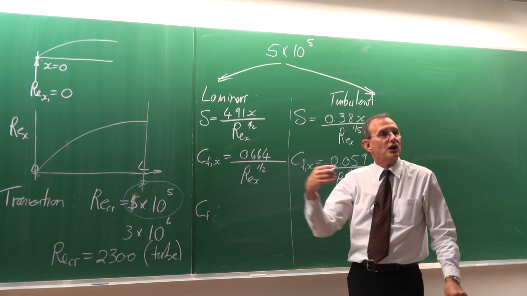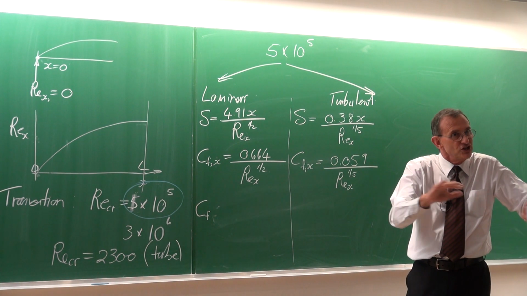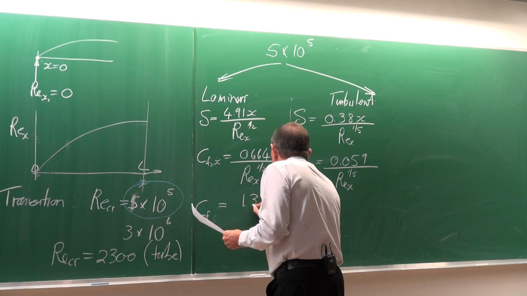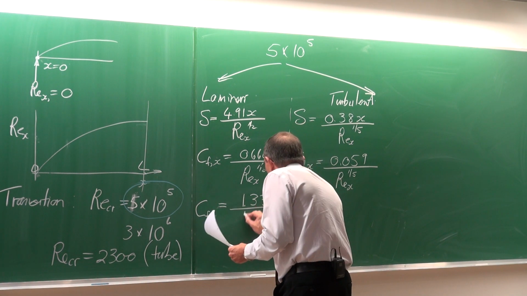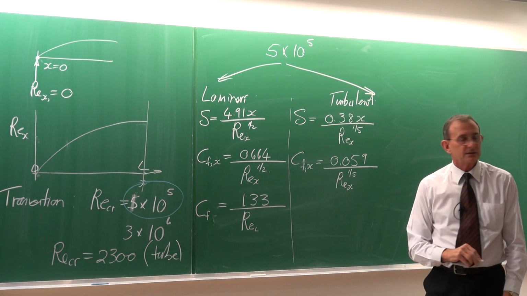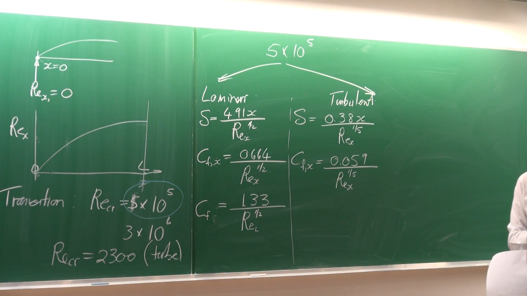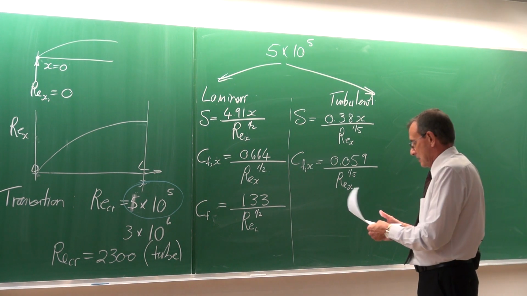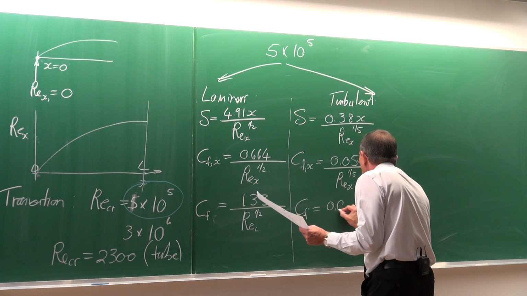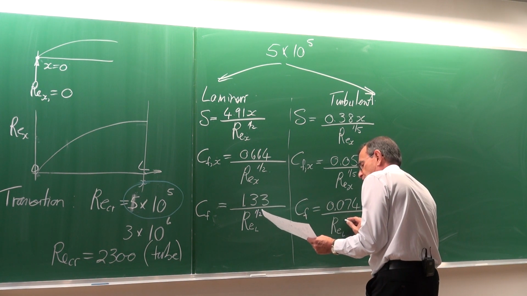The x indicates a local value. Like that, it indicates we do the integration and we get the average value over the total body, and that is equal to 1.33 divided by the Reynolds number, take note, based on the length of the plate, to the power of a half. And for turbulent flow, CF is equal to 0.074 divided by Reynolds L to the fifth.